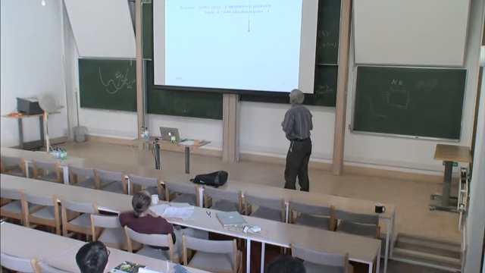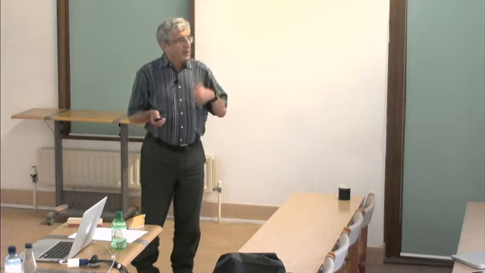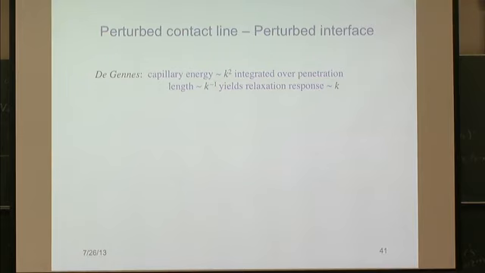How do we treat a perturbed contact line? This problem is important even when the droplet is static, because instabilities can arise because of inhomogeneities, and also not every shape will be stable.